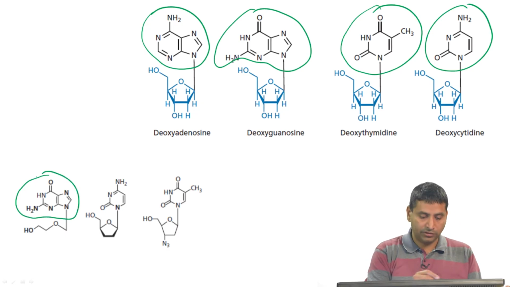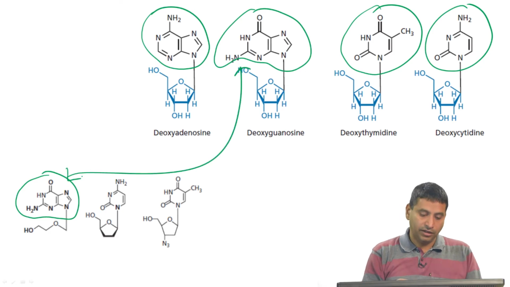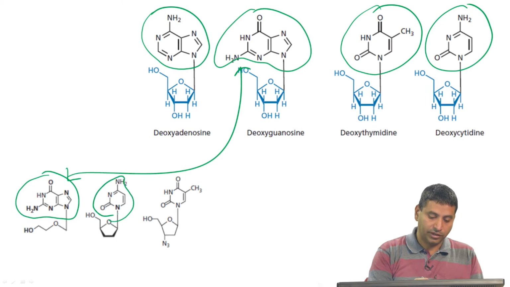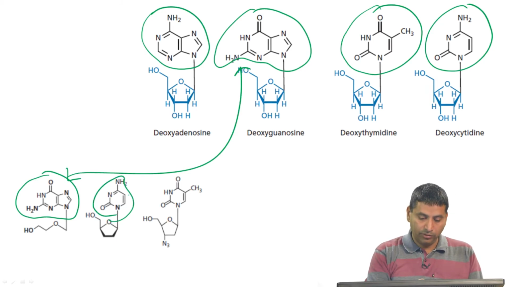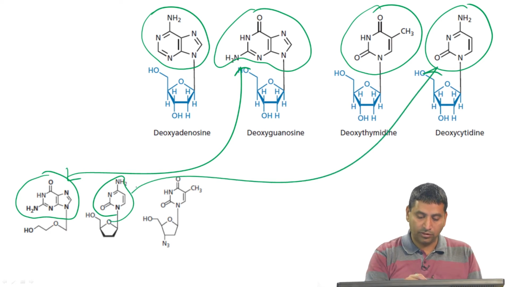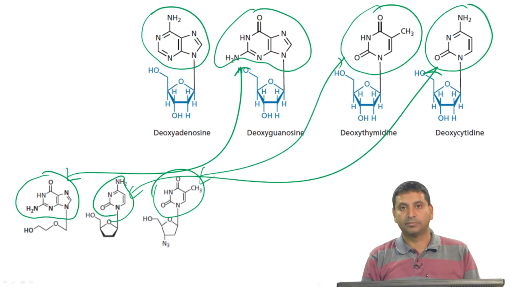So, this mimics guanine as shown here, and this compound here has a cytidine like molecule. So, here is how we would match this, and the last compound is mimicking thymine.